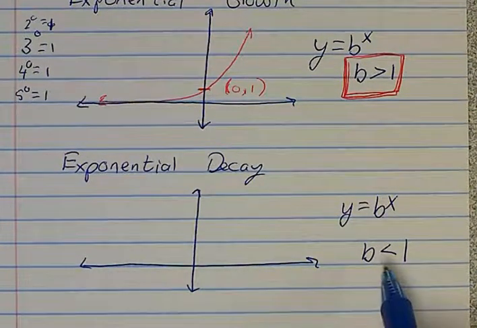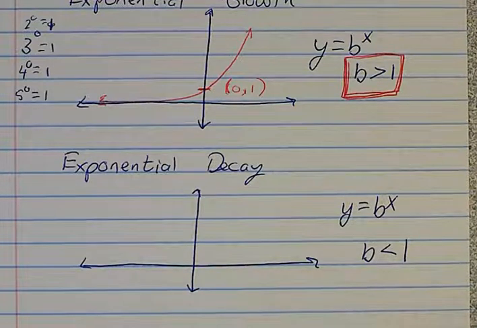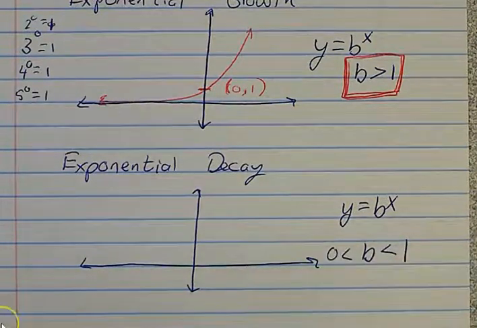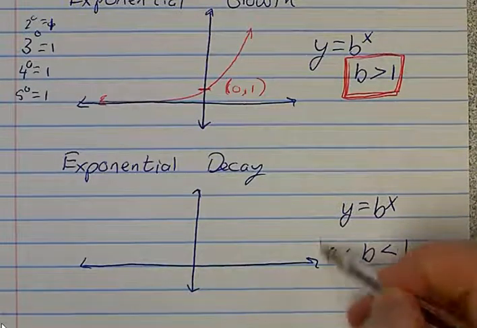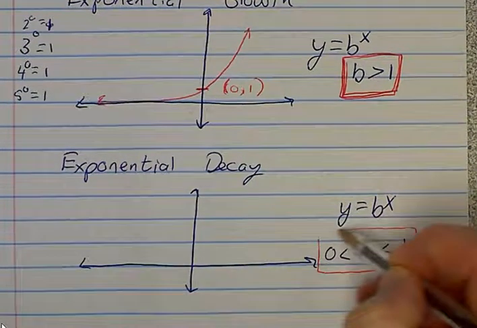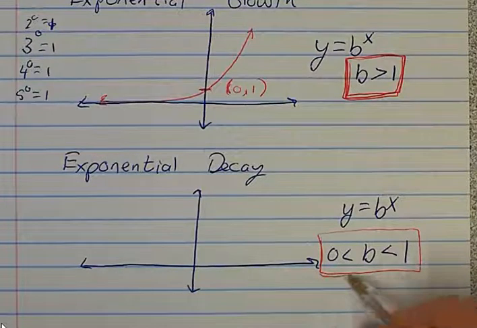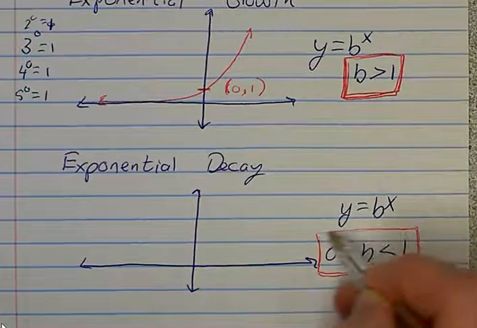Now, here's the thing with the base, though. It has to have something in it, so it's got to be between 0 and 1. So your base has to be some number that's less than 1, but it has to be bigger than 0. Because, again, if it's 0, you don't have anything there. There's nothing that can happen if you have nothing.